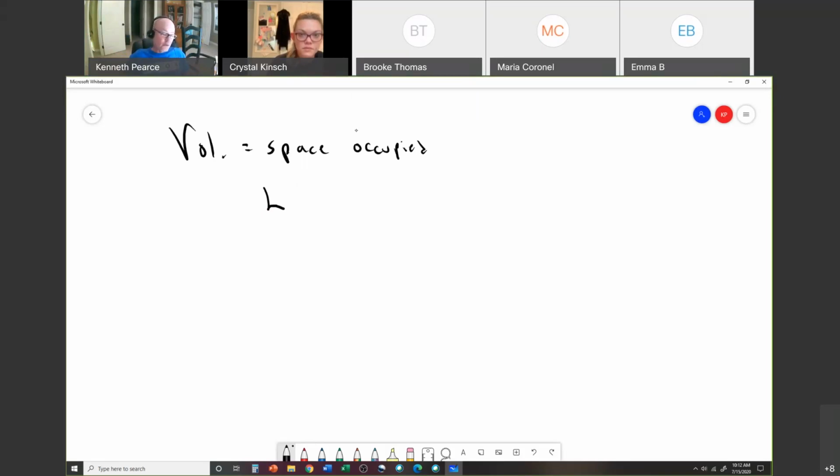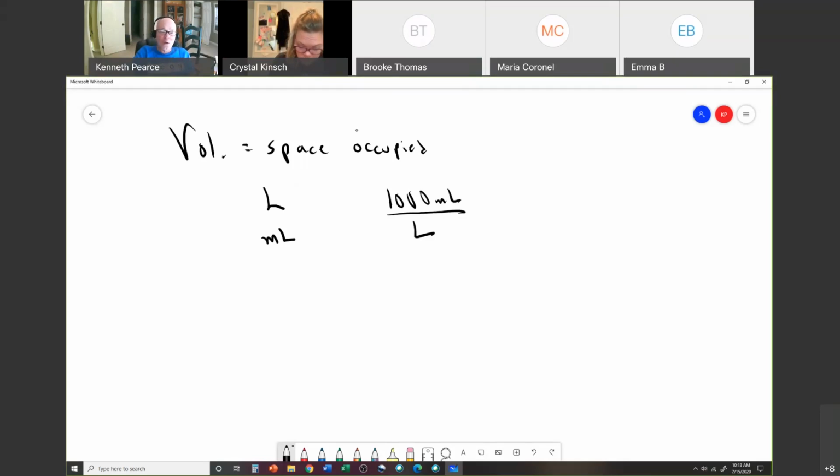So, like a lot of metric stuff, we just use whatever is convenient, and a liter's pretty convenient. That's why we use liters. The other unit for volume that we'll use is the milliliter, which is 1/1000th of a liter. So 1,000 milliliters is a liter. Those are the two units.